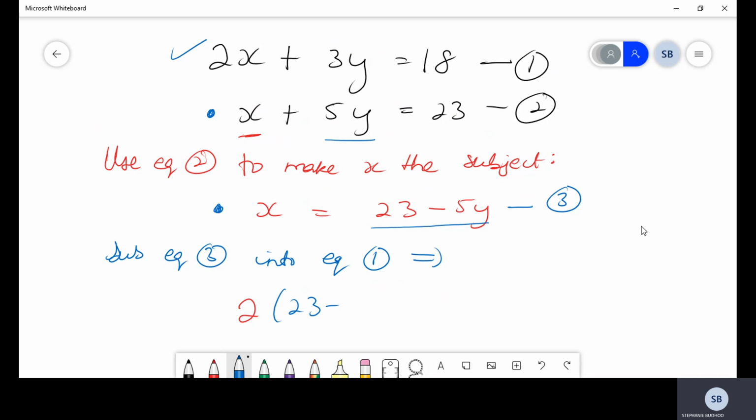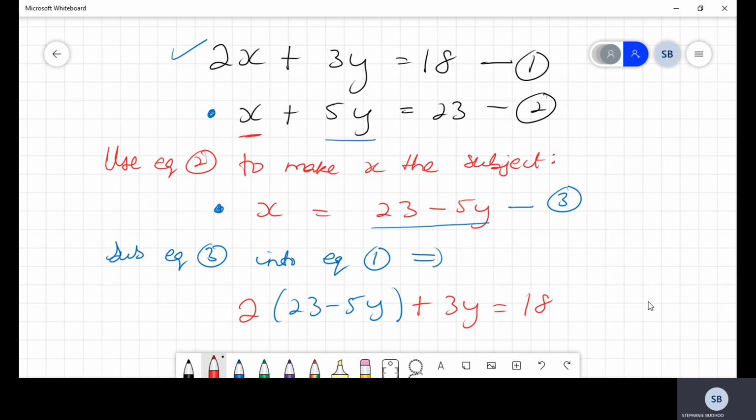So we are going to write that here. And then continuing with our equation 1, we are going to write plus 3y equals 18. Take a moment to check, make sure everything is in place. And once you understand, you can press play. I know some of you guys may be pressing pause. Press play and let's continue.